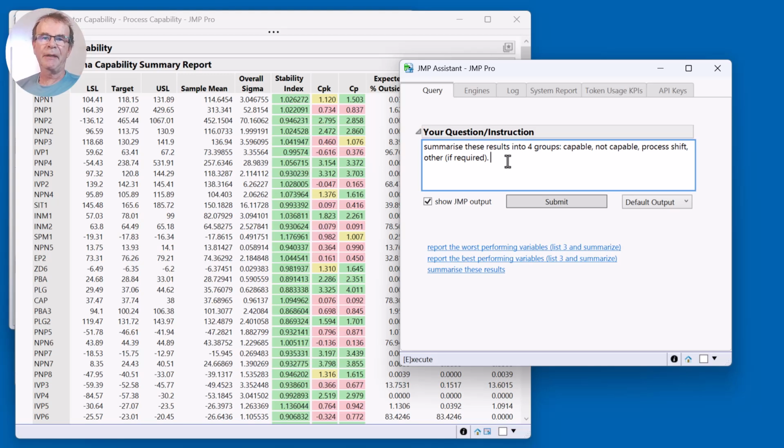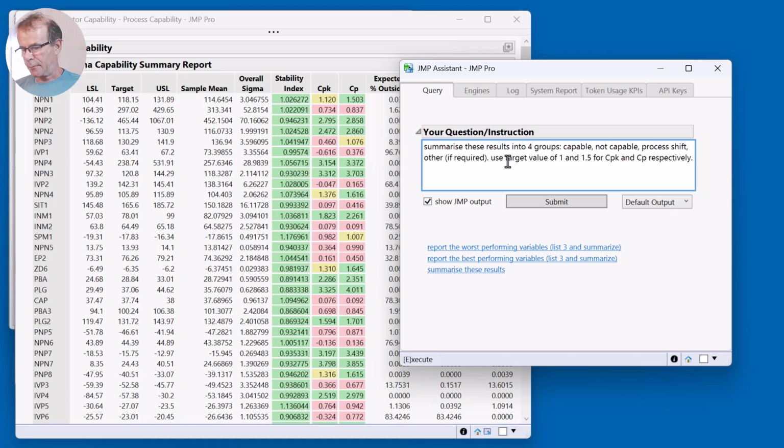Logically, if something is capable, we have to have some sort of target on these. Let's say use target value of 1 and 1.5 for CPK and CP respectively. So we're being a bit conservative with the CPK threshold there.